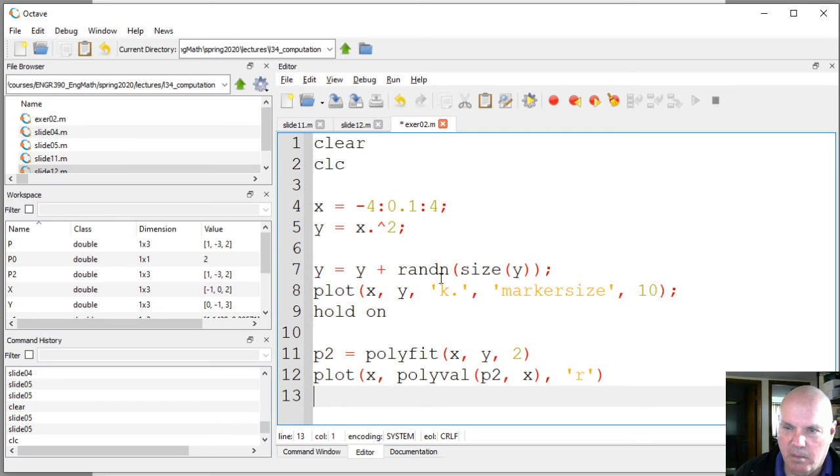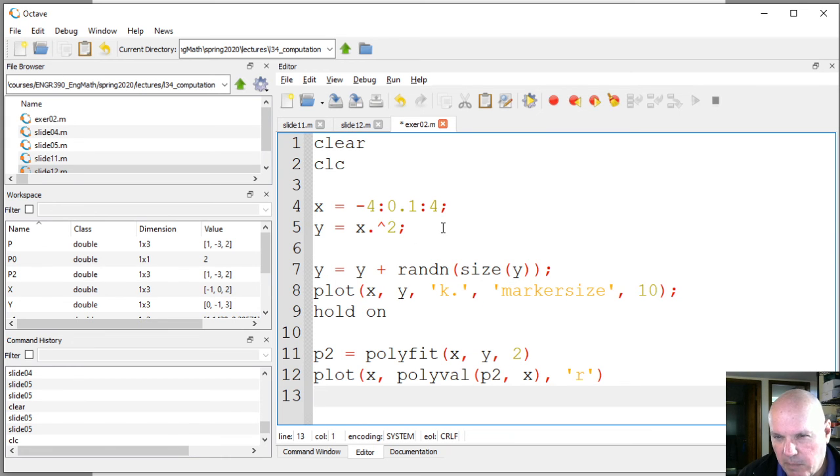We've used rand in the past, which returns a uniformly distributed random number between 0 and 1. randn returns a normally distributed random variable with mean 0 and a standard deviation of 1 by default, but you can change those. So we plot the x and y data, the noisy y data, using markers.